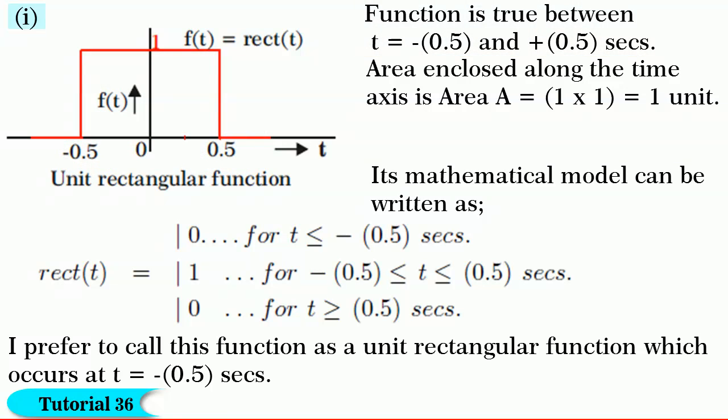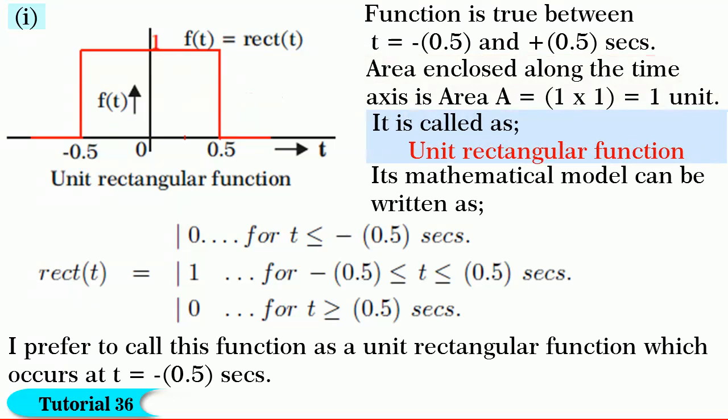If you observe the function, you find that it has a base of 1 unit and a height of 1 unit. Hence, area is equal to 1 into 1, which will give us 1 unit. So, it is called a unit rectangular function.